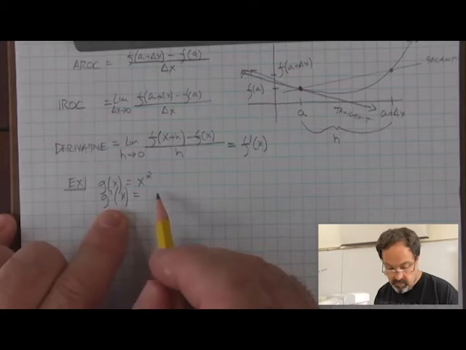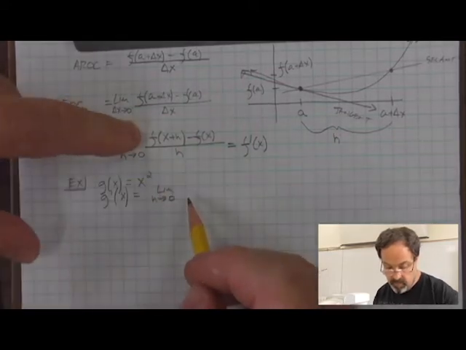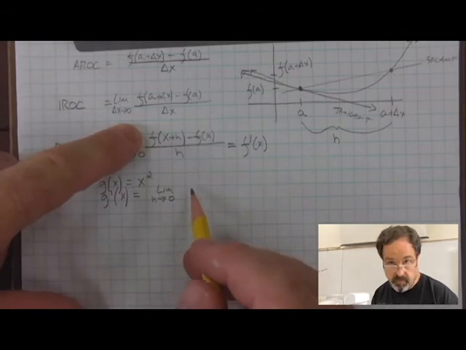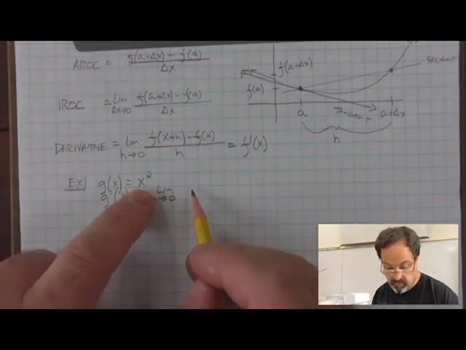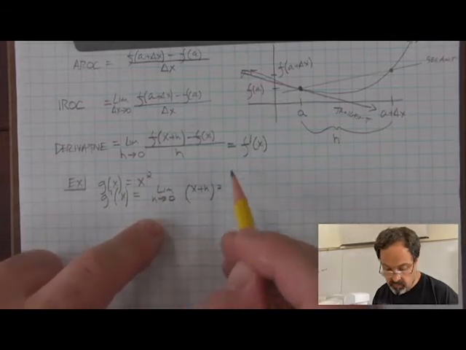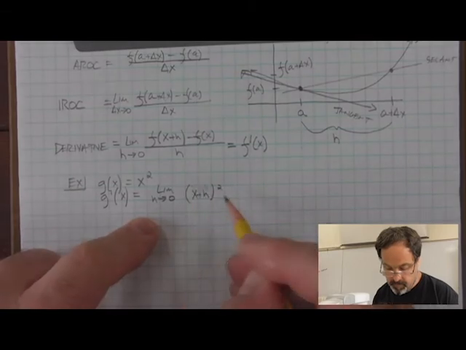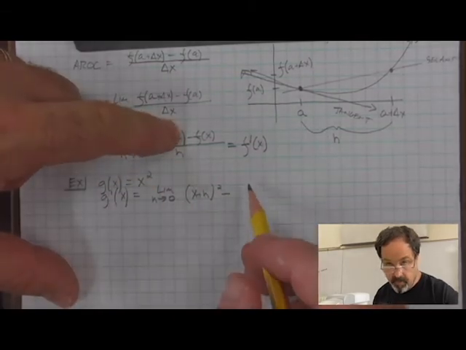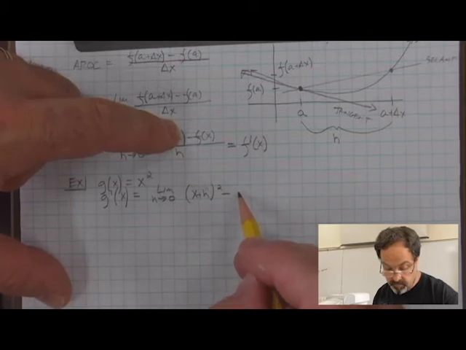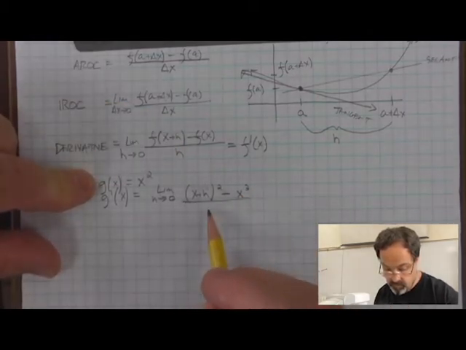By definition, g prime of x will be the limit as h approaches 0 of the g function composed with x plus h. If the g function is x squared, then it's going to be x plus h that we need to square. Continuing with the definition, minus the function, in this case the g function, all over h.